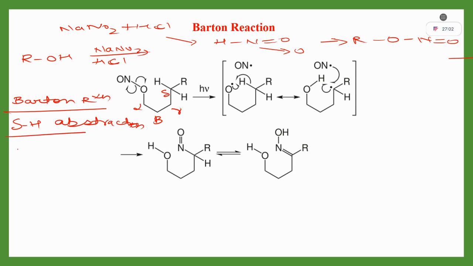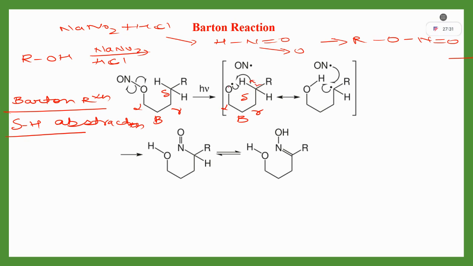Here, delta hydrogen abstraction takes place, and we know that NO is a stable molecule, right? So it is not unstable, but this bond is most prone to cleave homolytically. So here O radical will come, NO radical will come. Now alpha, beta, gamma, delta. So from the delta position, one of the hydrogens will cleave.